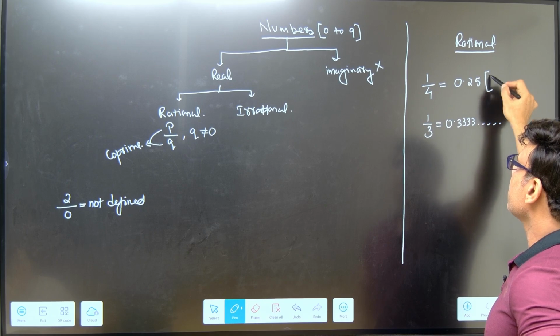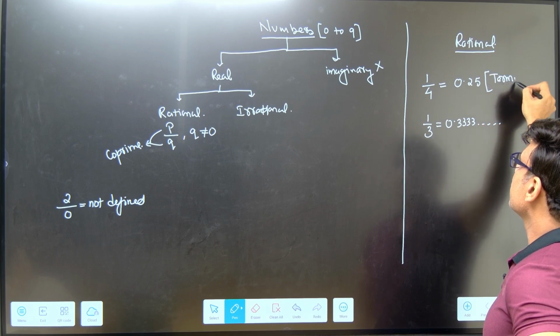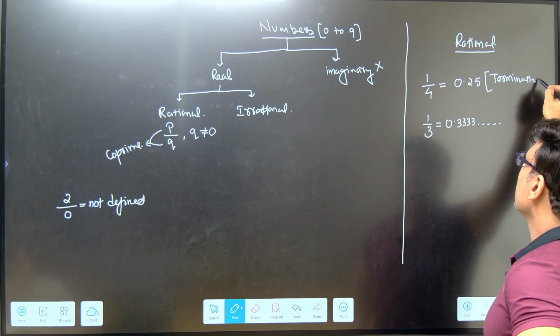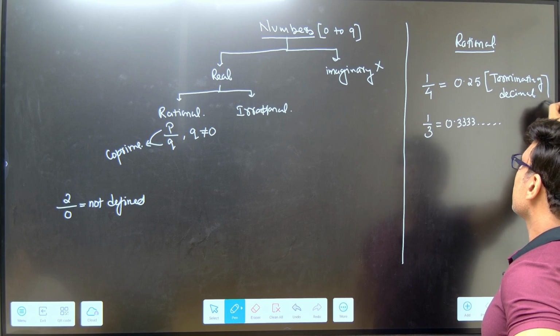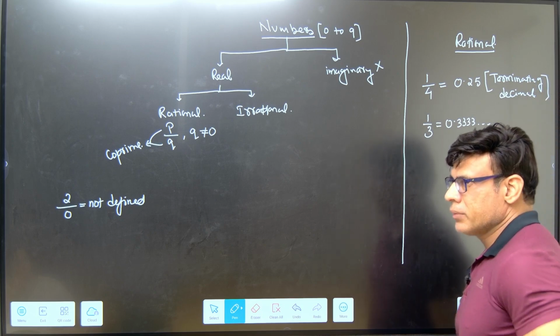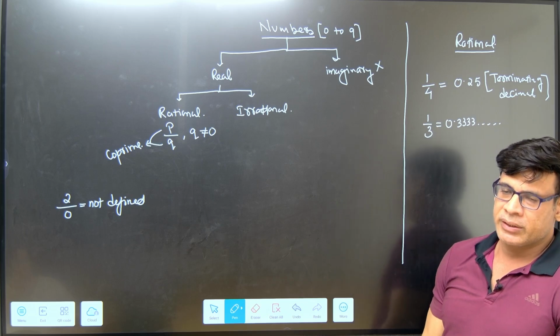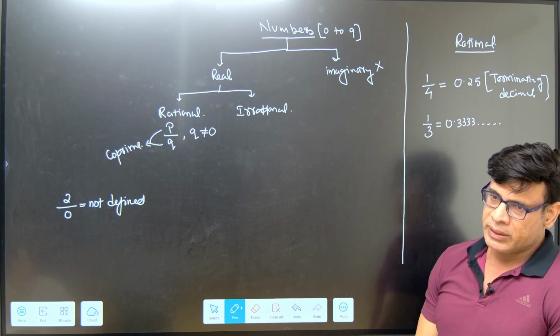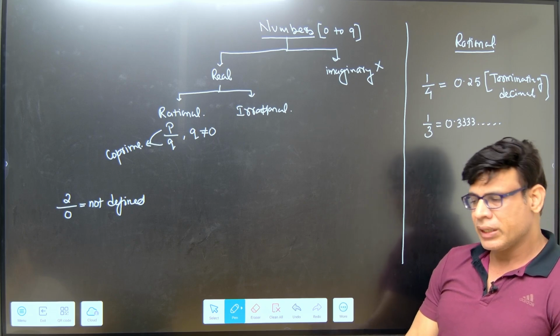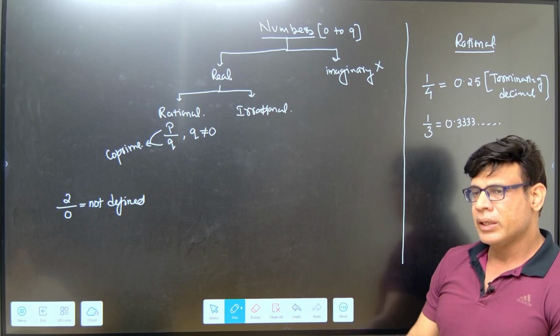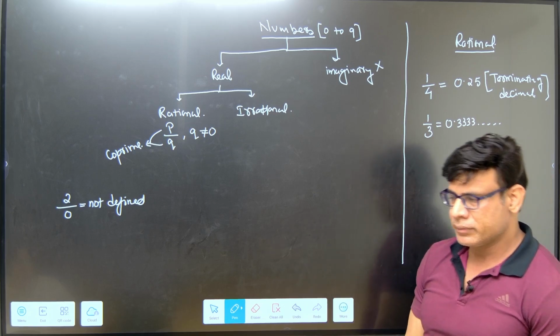This is called a terminating decimal. What is the meaning of terminating decimal? Which terminates, comes to a halt, stops. After 0.25, you cannot write anything except 0. You can write 0.250000, but you cannot write any other digit.